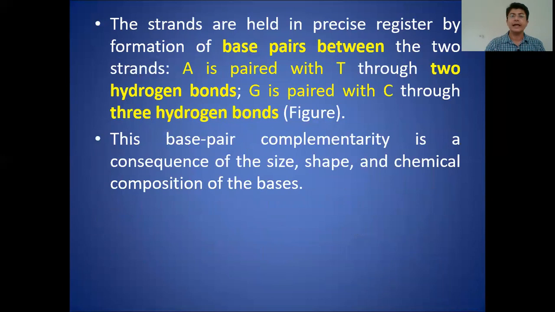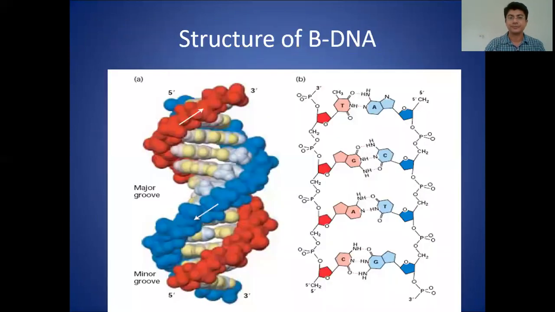The strands are held in precise register by formation of base pairs between the two strands, where adenine always base pairs with thymine through double hydrogen bonds, whereas guanine always base pairs with cytosine through triple hydrogen bonds. This base pair complementarity is the result of the size, shape, and chemical composition of the bases.